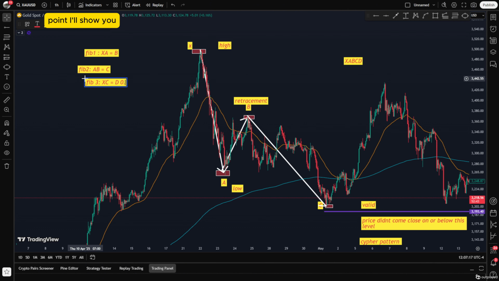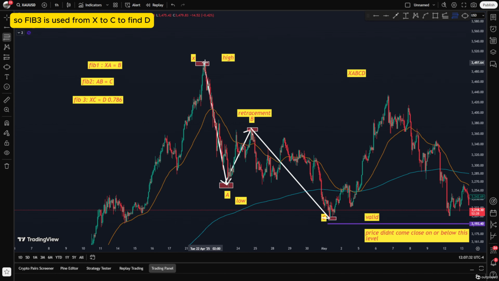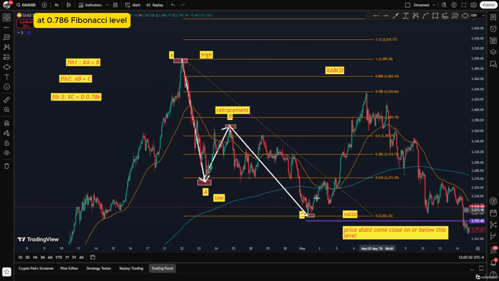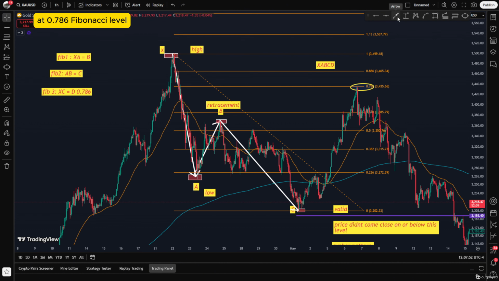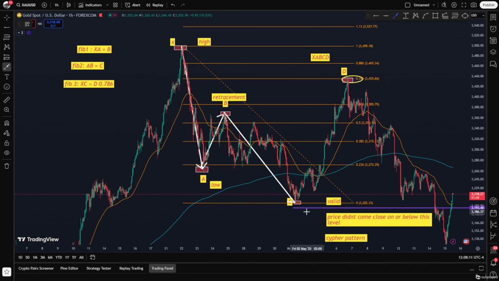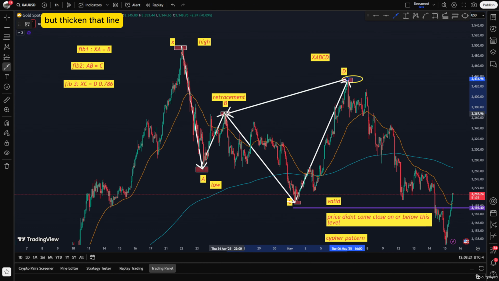I'll show you. So fib 3 is used from X to C to find D at the 0.786 Fibonacci level. And these levels are lines, but you must always remember you are working with zones. Lines may look pretty and minimal, but thicken that line.